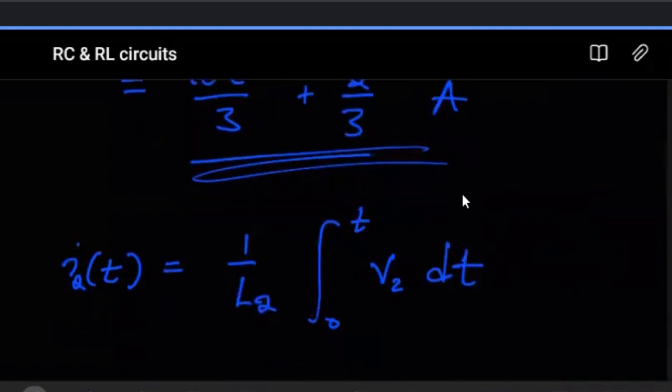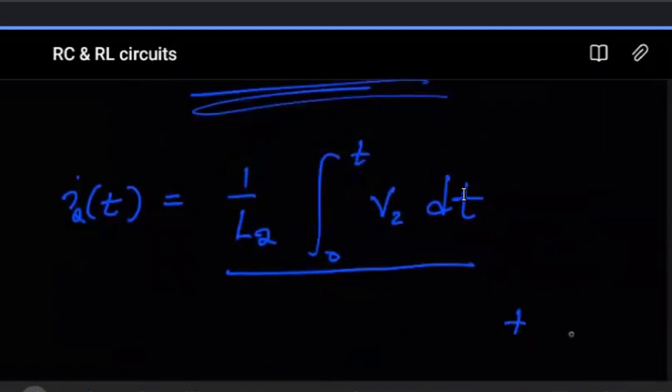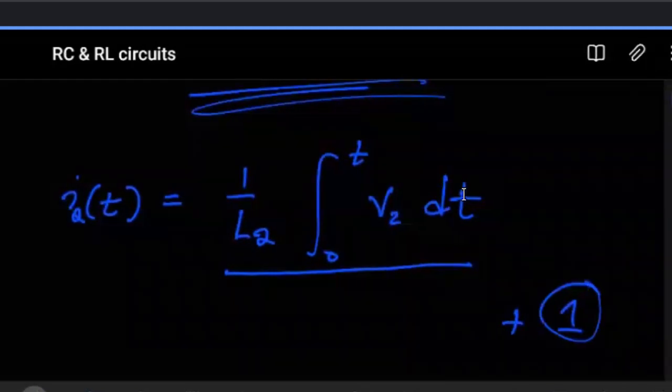So basically this is how we're going to approach it. You can integrate this again in the same way. Don't forget, once you integrate, you have to add that constant of integration. And for this one, the constant of integration is going to be 1 amp, the current which was present when we just started.